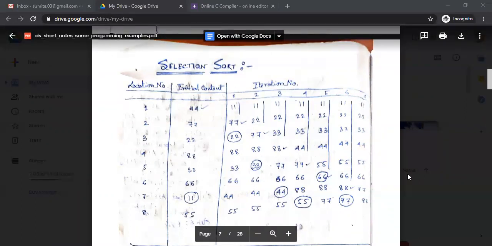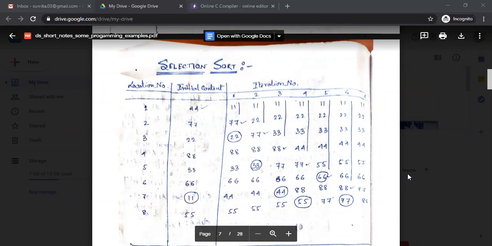So why is this called selection sort? Because every time we select the smallest element of the array, assuming the first element, and select the smallest element of the remaining part. That's why this is called selection sort.